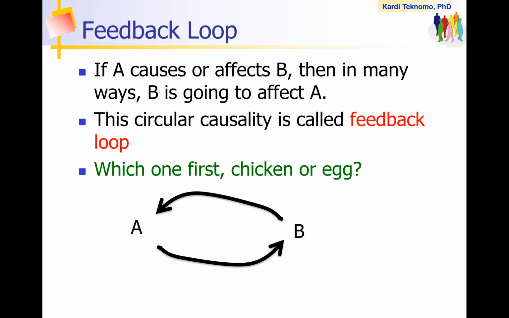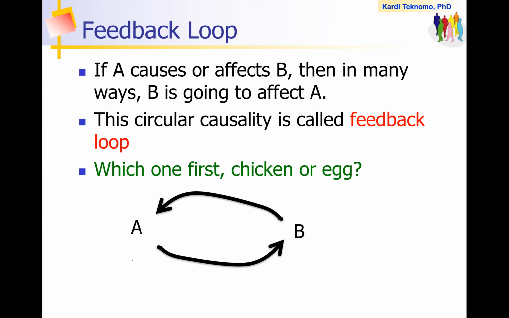Now, if you want to create a feedback loop, then from if A causes or affects B, in many ways B is going to affect A circularly, after a certain delay. So this is called a feedback loop. That's why we don't know which one comes first, right?